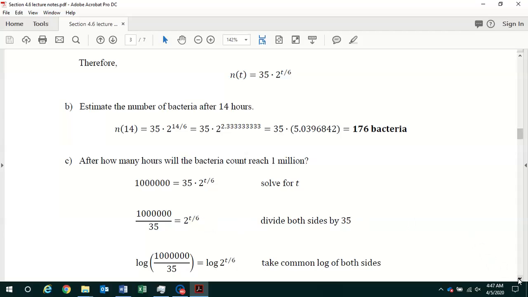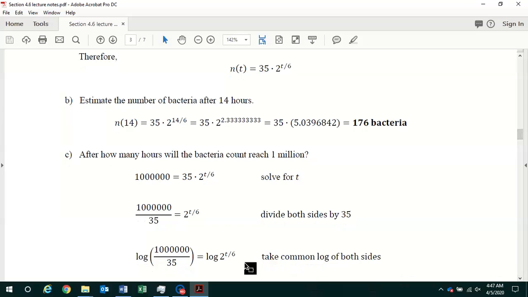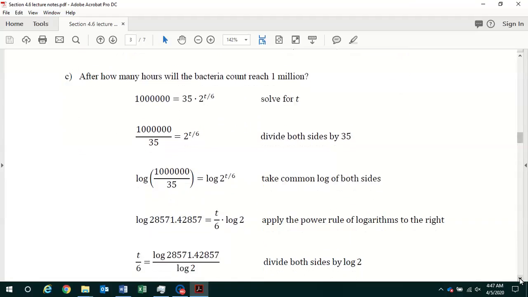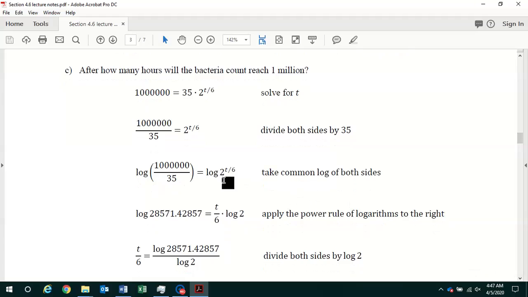And now I'm going to take a little different approach to solving for t from the previous example, just to illustrate there's more than one way to solve for t in the exponent. If we take the common log of both sides, we have the common log of this fraction, 1 million over 35, is equal to the common log of this exponential, 2 to the t over 6 power. Well, you know from the laws of logarithms, we can apply the power rule to the right-hand side here.